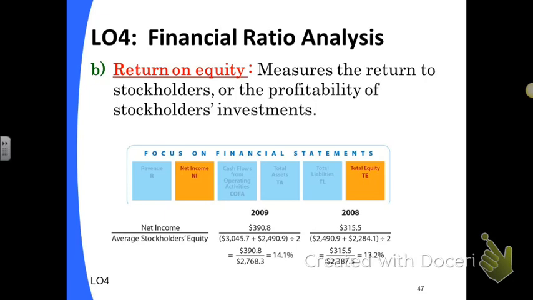In this particular case, our return on equity went from 13.2% to 14.1%, and this increase is probably largely attributed to the company's proportionally greater increase in net income in the year compared to its equity. So you can see how these numbers went.